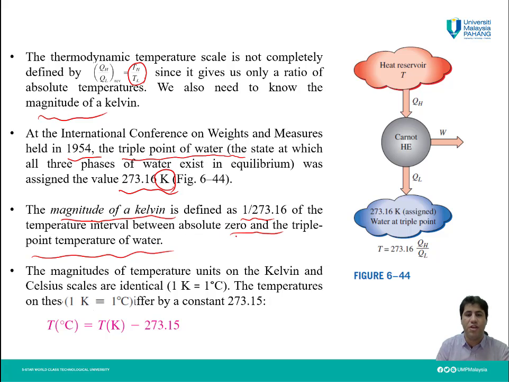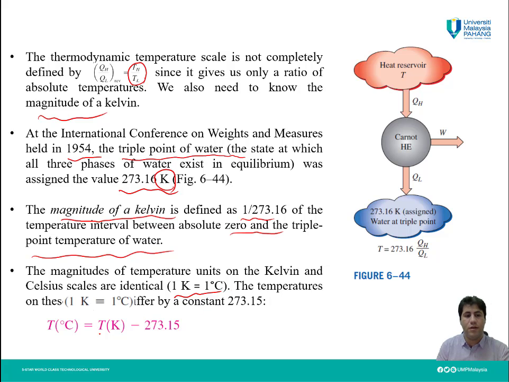So you can see here how this Kelvin temperature is developed, and the magnitude of the temperature unit in the Kelvin scale is equal to the magnitude of the temperature in the Celsius scale. 1 Kelvin of temperature is 1 degree Celsius.